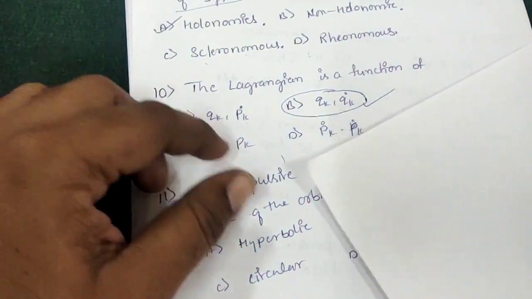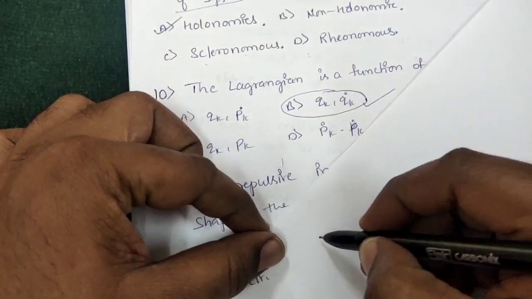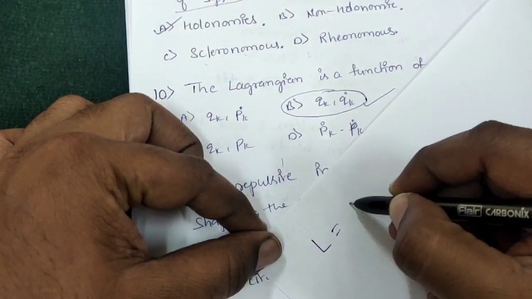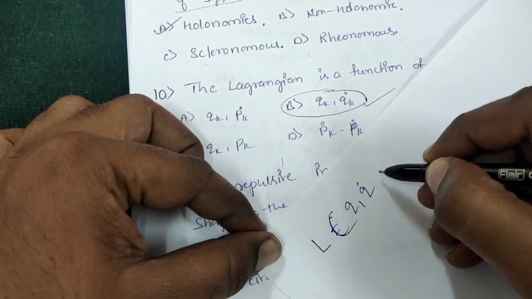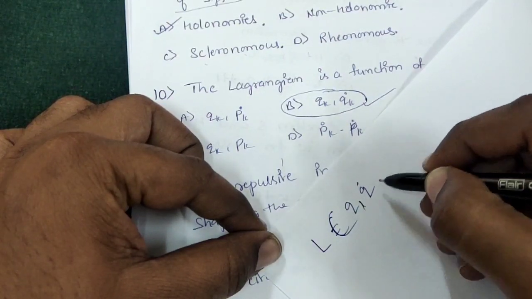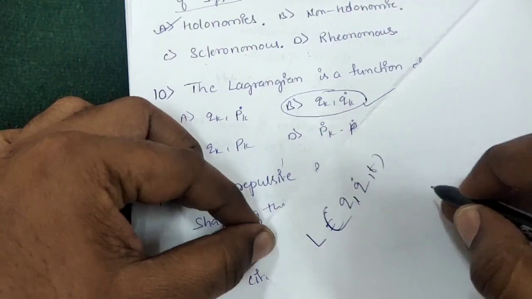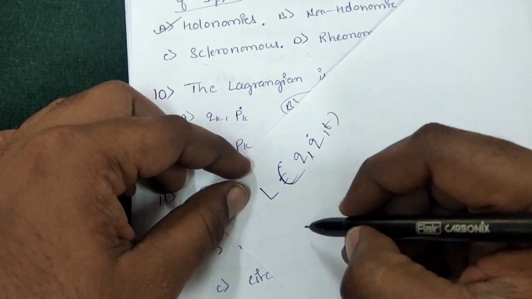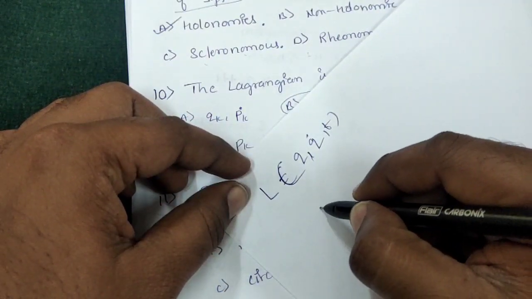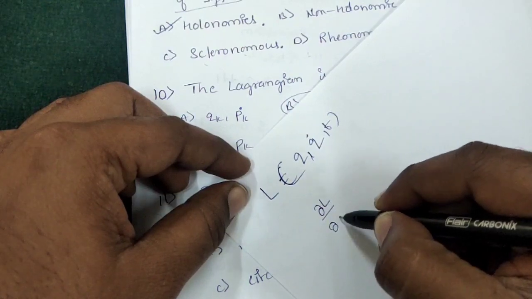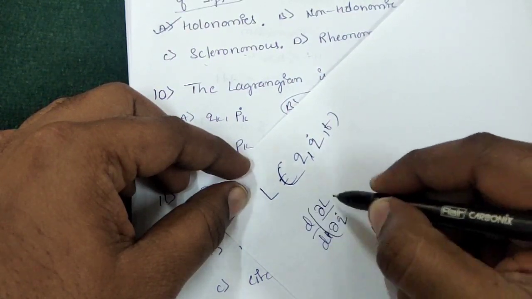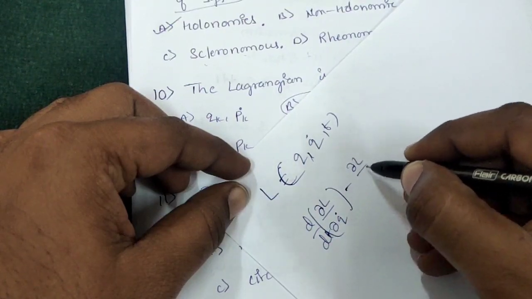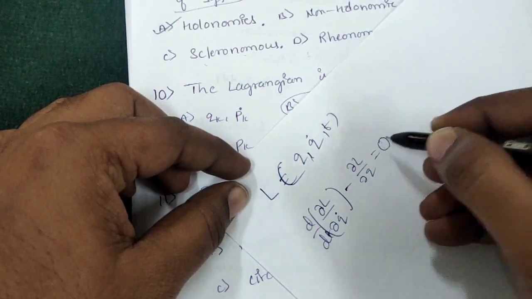Why? Because we know that the Lagrangian L is a function of q, qk dot, and t. If you write the equation of motion in terms of the Lagrangian, we know that d by dt of dou L by dou qk dot minus dou L by dou q is equal to 0.